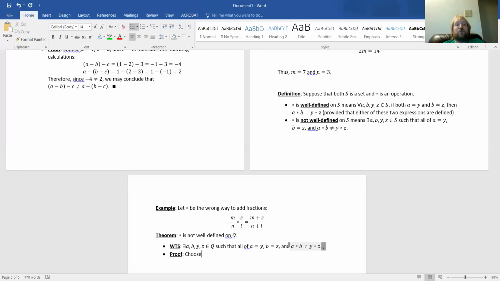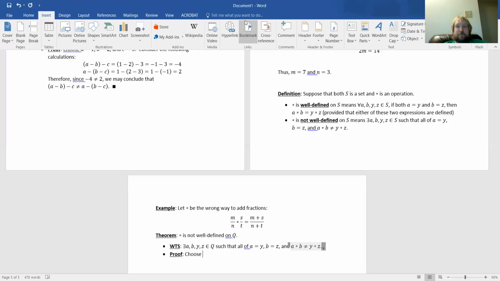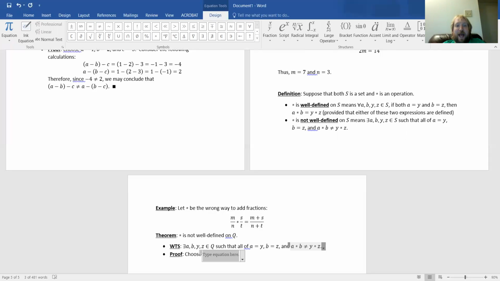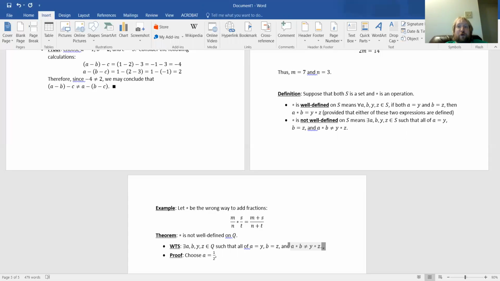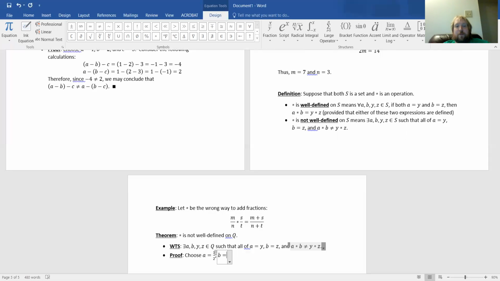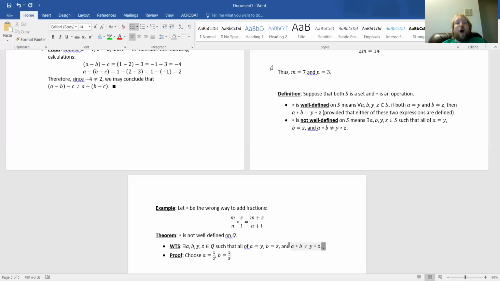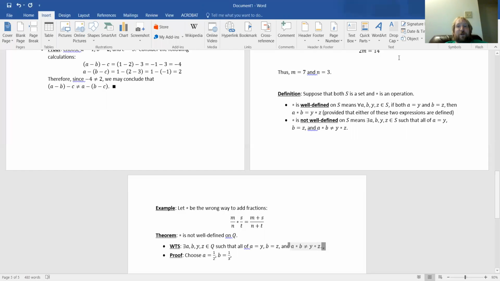So let's choose A equals 1/2, B equals 1/3, and now let's choose a Y that is equal to 1/2, but looks different.